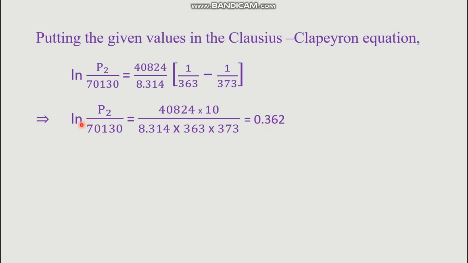So if the natural log of P2 by 70130 is this, then P2 by 70130 is e to the power 0.362. The value of exponential 0.362 is 1.437, and hence P2 equals 1.437 into 70130.